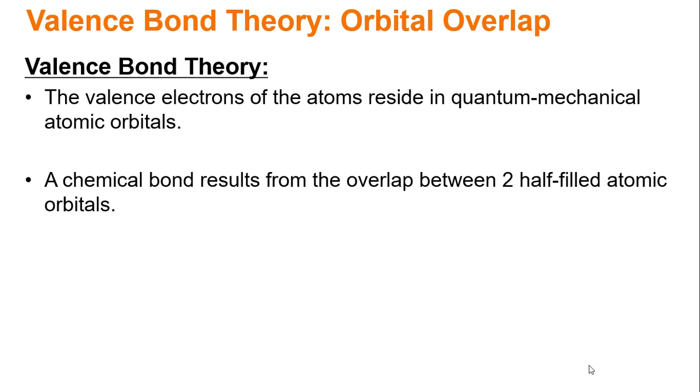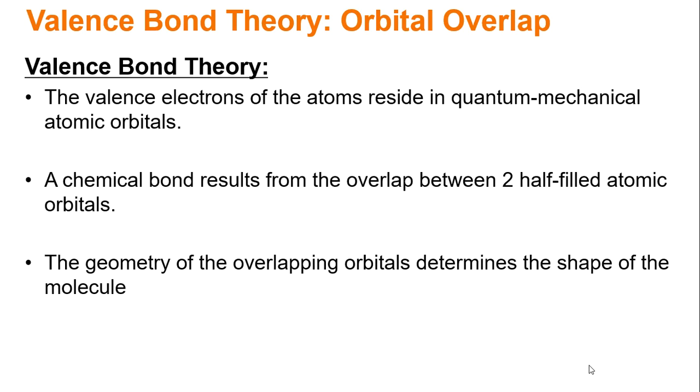So 1 electron would be a half-filled orbital, and that would give us an opportunity for bonding with somebody else that was half-filled. So those 2 orbitals overlap, and we would get a chemical bond. The geometry of the overlapping orbitals determines the shape. So this is where we'll see that the valence bond theory and the Lewis theory do match up very, very nicely. So we'll see the same sort of geometries that we've already studied.